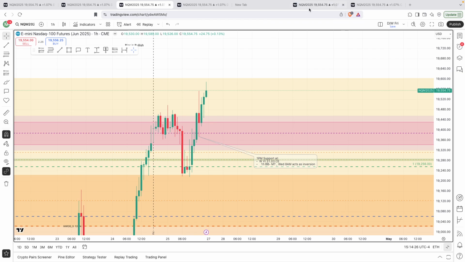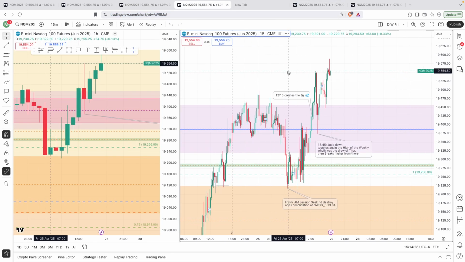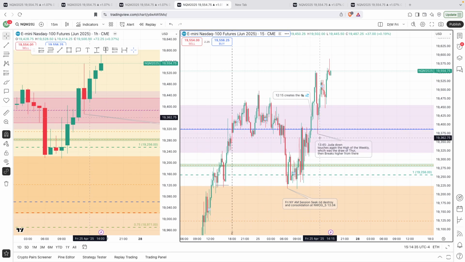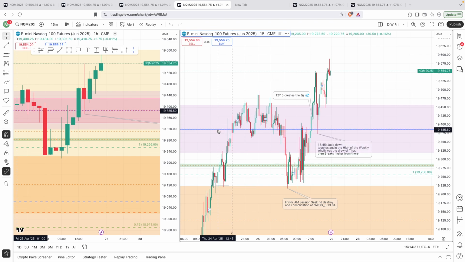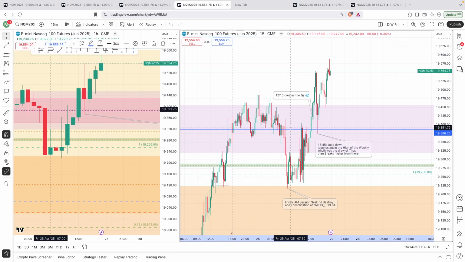And then price goes higher. And here during lunch, we create this 15 minutes fair value gap, which comes down to touch it. And it goes and takes, this was the weekly high that we aimed for on Thursday on the PM session, and then goes higher from here. It's also like a mitigation block, sort of.